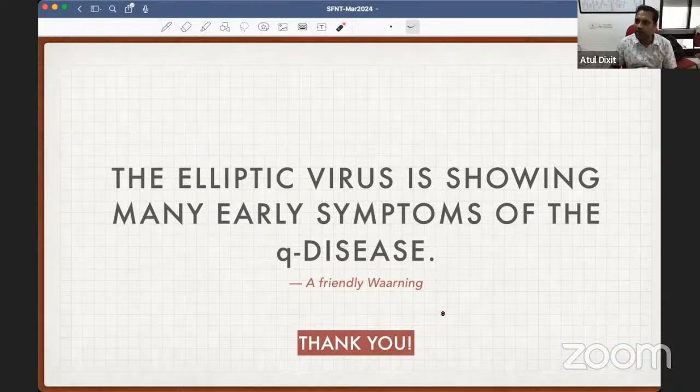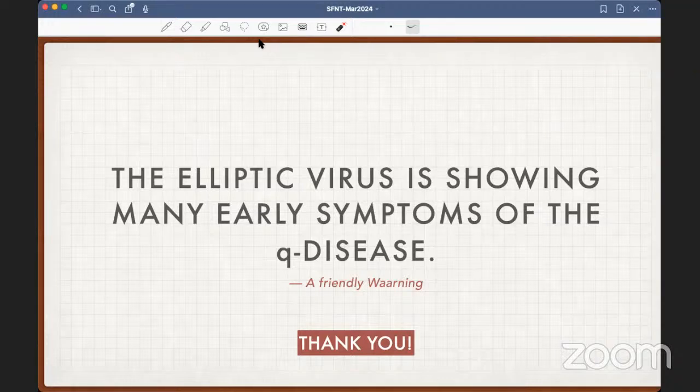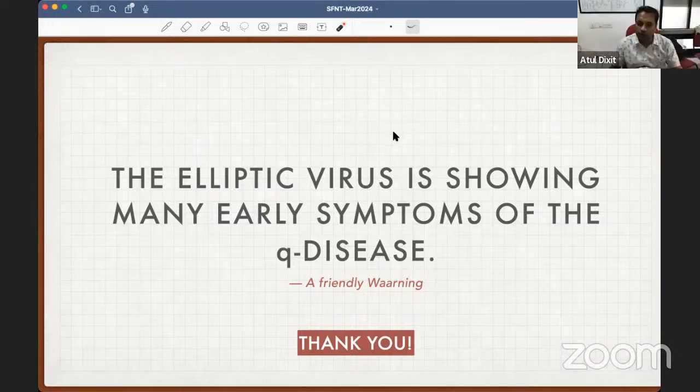Oh, Michael is saying he cannot unmute himself. Maybe do it through here. There must be something wrong, because here it's saying ask to unmute. Arvind is also saying they don't have permission.